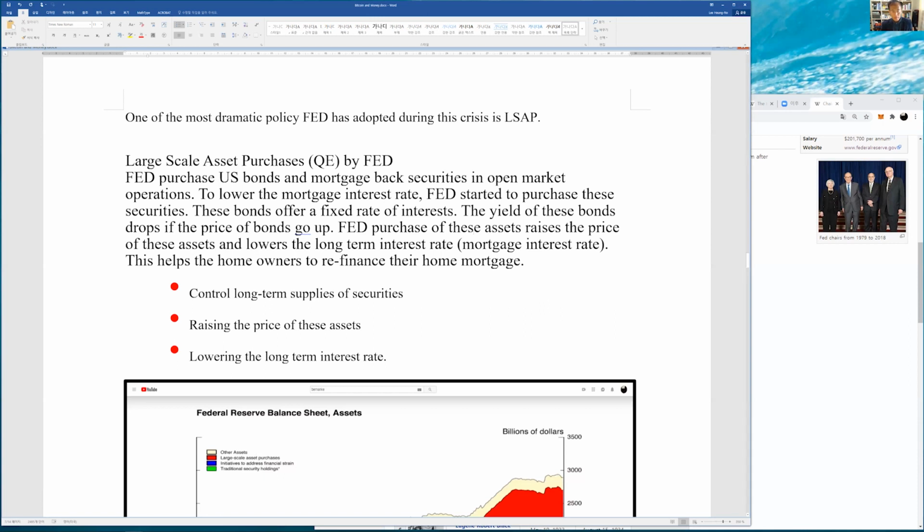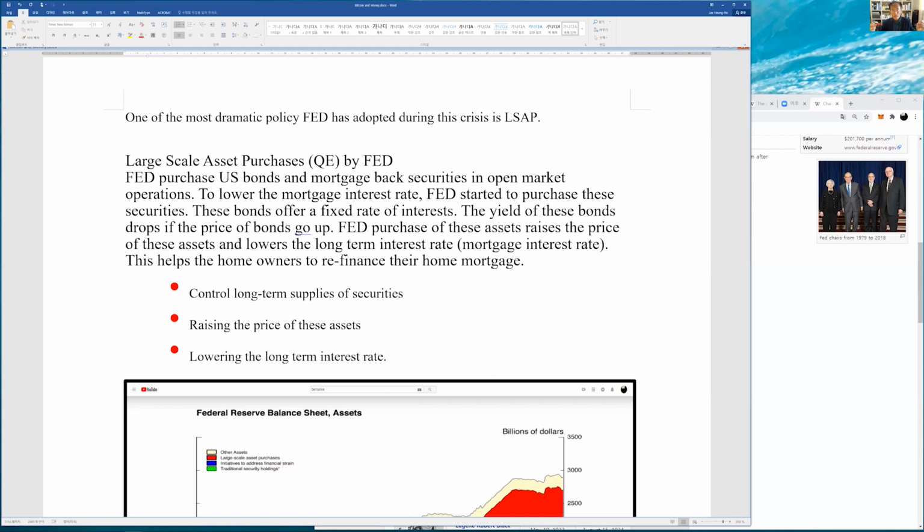Basically, in order to do this, the Fed goes to the open market for mortgage-backed securities, and it purchases these assets. If the Fed purchases these assets, then there will be fewer of these assets up for sale.